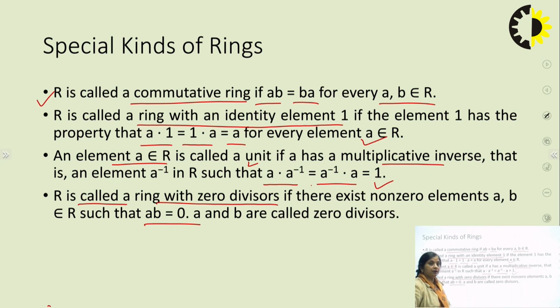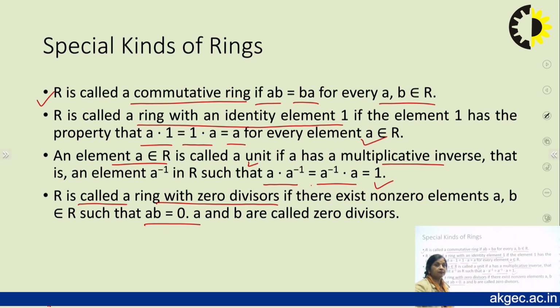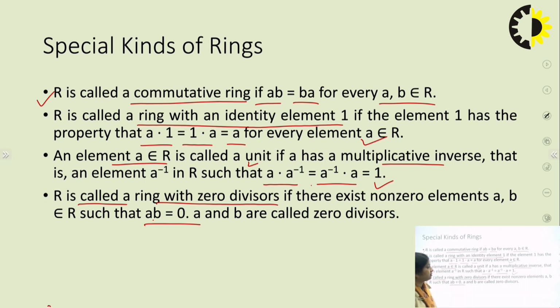R is called a ring with 0 divisors if there exist non-zero elements A and B such that A into B is 0. So what have we taken? Two elements from the set R which are non-zero but their product is 0. Then we call A and B 0 divisors, and the ring is called a ring with 0 divisors. So we have studied here special kinds of rings: commutative ring, ring with identity element, ring with units, and ring with 0 divisors.